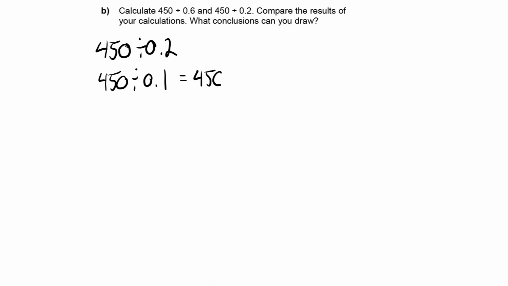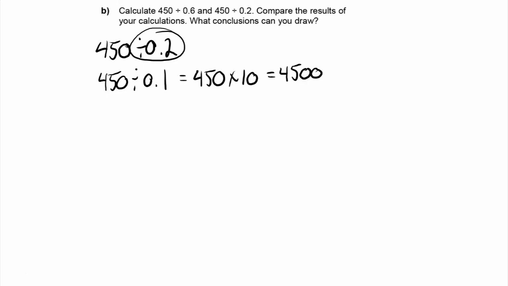Calculate 450 divided by 0.6 and 450 divided by 0.2 and compare the results of your calculations. So 450 divided by 0.2. If I did 450 divided by 0.1, I know that I'm going to get the same as 450 times 10, which of course is 4,500. In this case, I want to divide by 0.2 though.